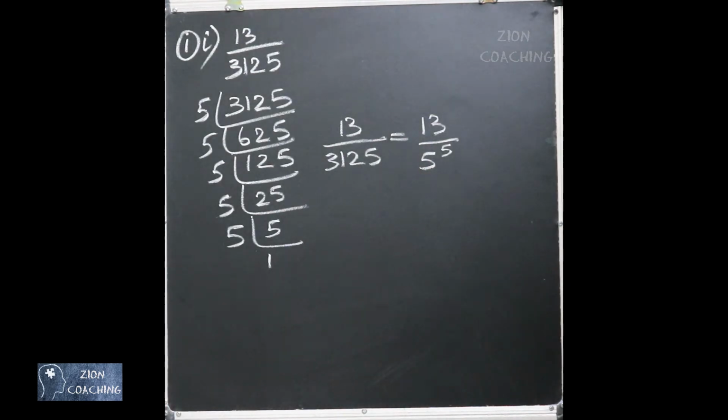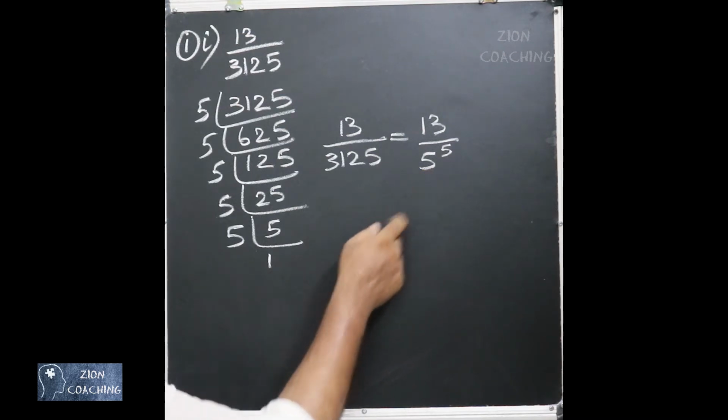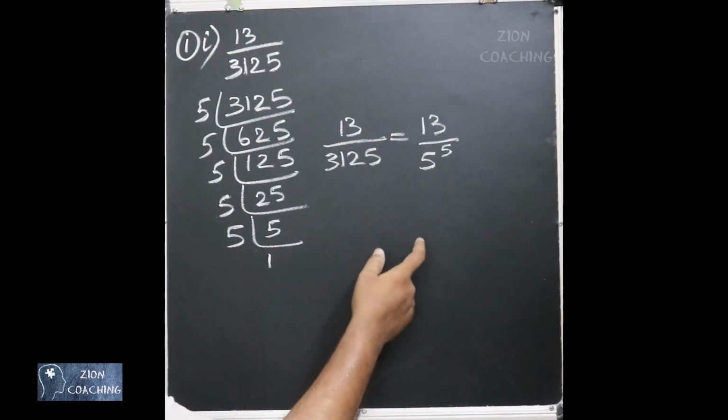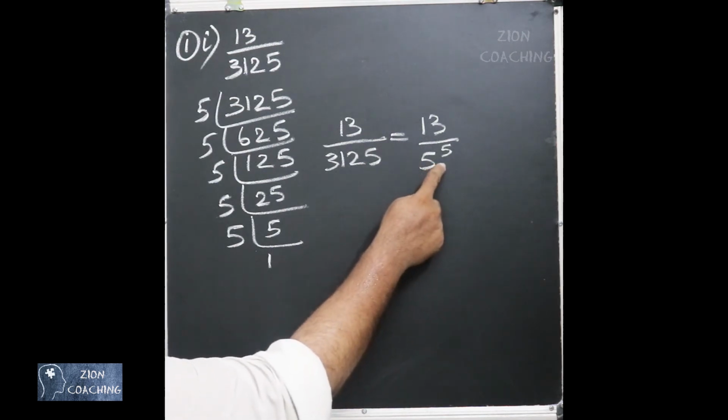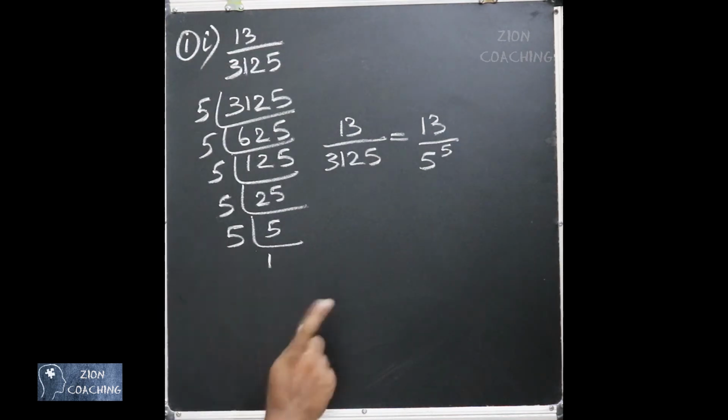For a rational number to have a terminating decimal expansion, it should have only powers of 2 or powers of 5, or both powers of 2 and 5, in the denominator. It should not have any other numbers in the prime factorization.